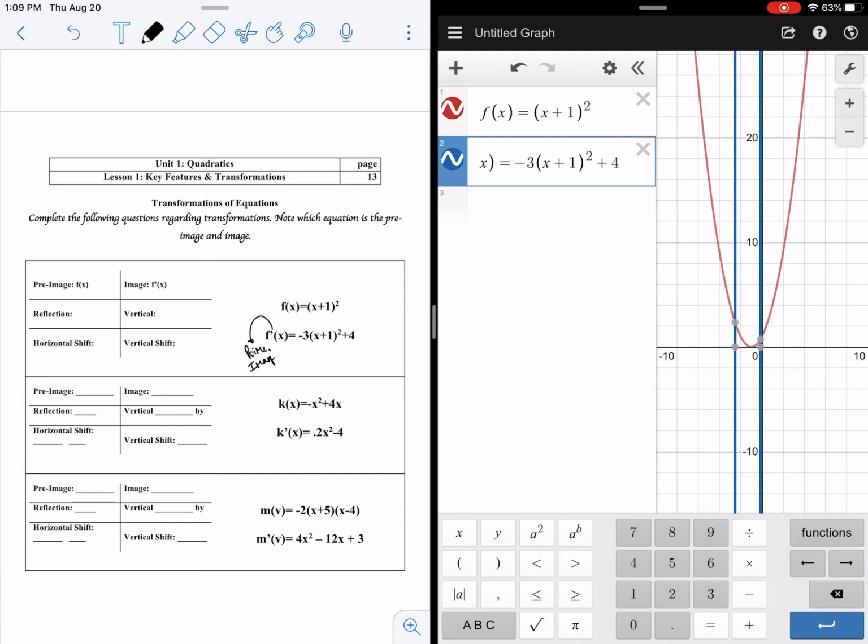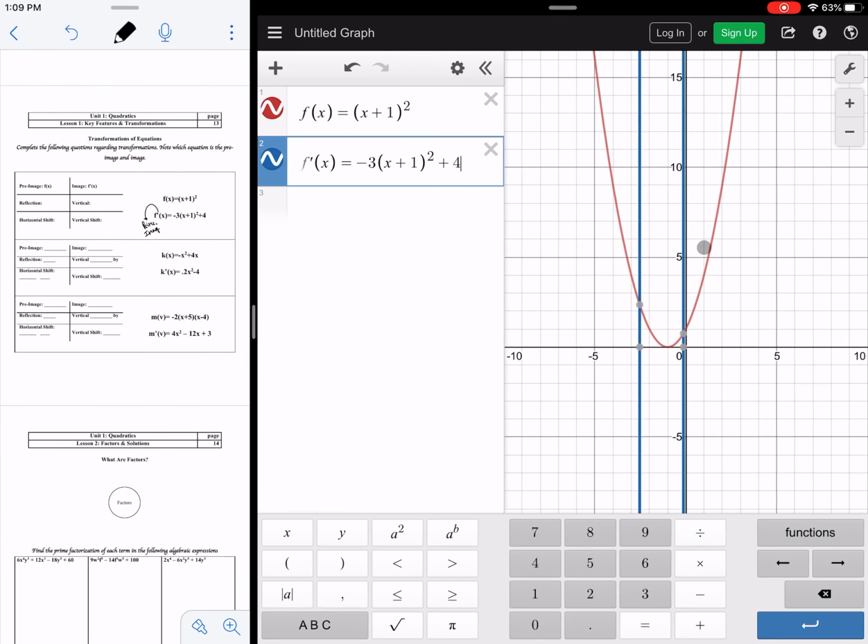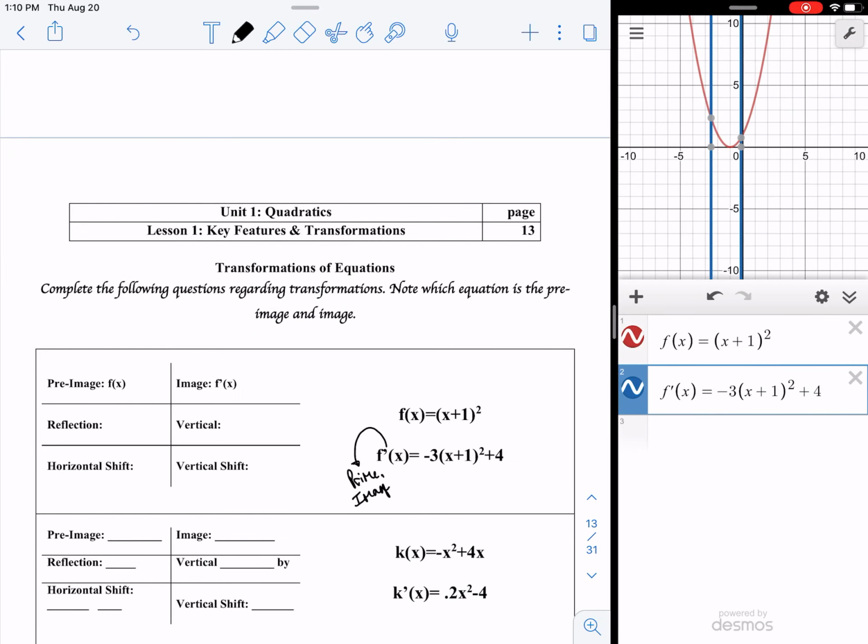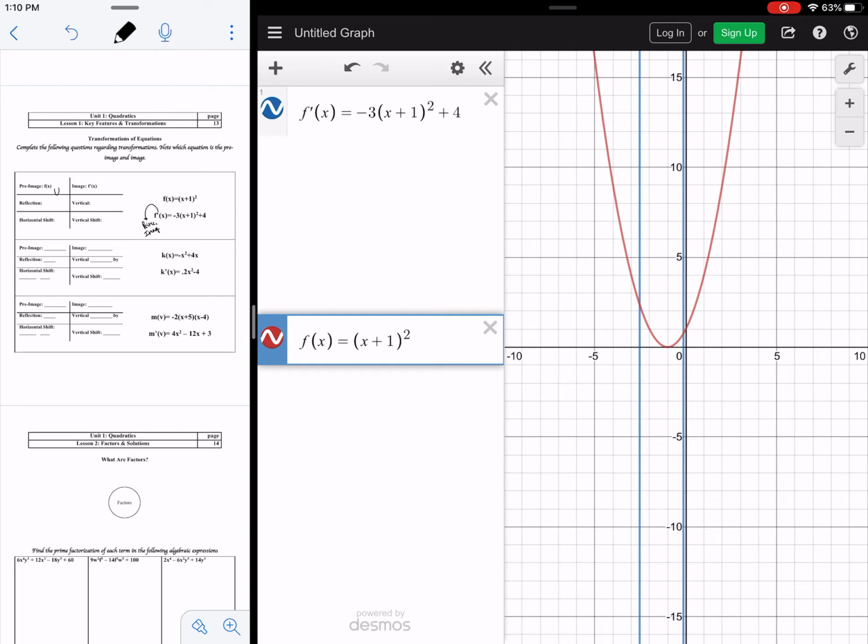Now, nothing has changed. The first thing I want to do is see if I can determine if there's a reflection. The way I do that is I have to be able to find the vertex or get the overall general shape. The red one, my pre-image, I can tell looks like a U. However, my image, I can't see it, so I'm going to zoom out.